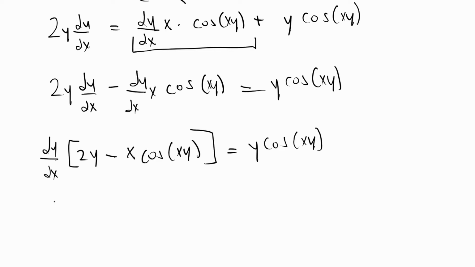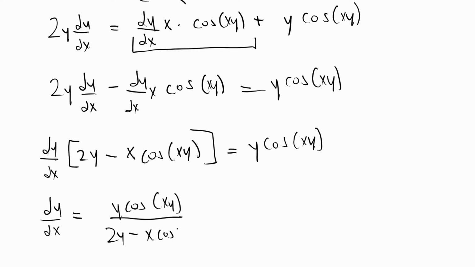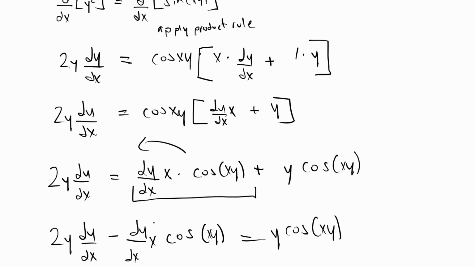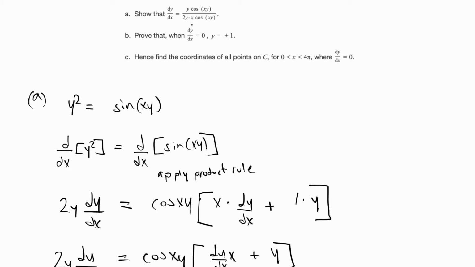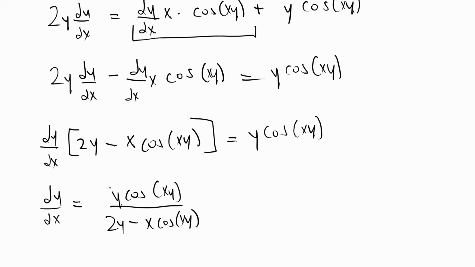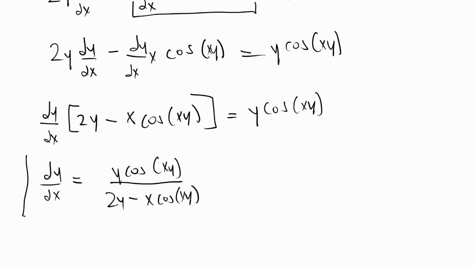Let's divide both sides, so dy/dx finally is equal to y cos(xy) over 2y minus x cos(xy). Have we proved what we need to prove? y cos(xy) over 2y minus x cos(xy). So we've proved the first part: dy/dx is indeed equal to this expression.